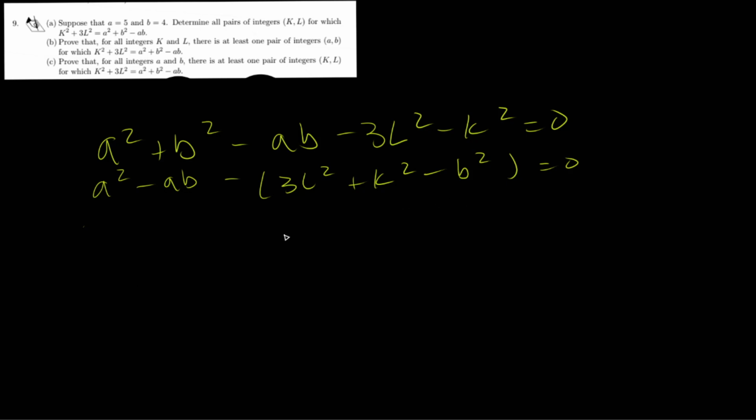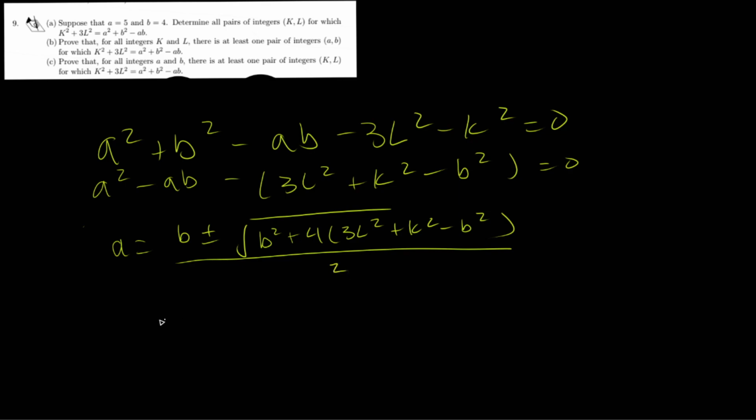So let's take a would equal negative b, or negative negative b, which would be positive b, plus or minus the square root of b squared minus 4ac. So I'm just going to write positive 4 times 3L squared plus k squared minus b squared, like so. All of that over 2.